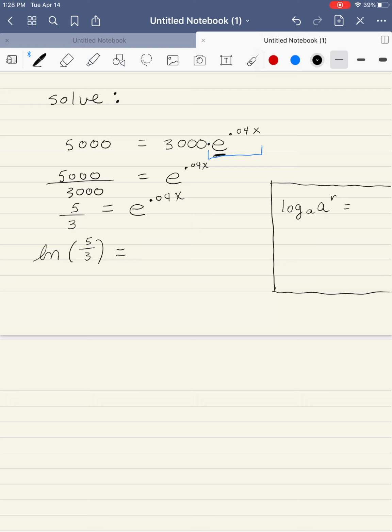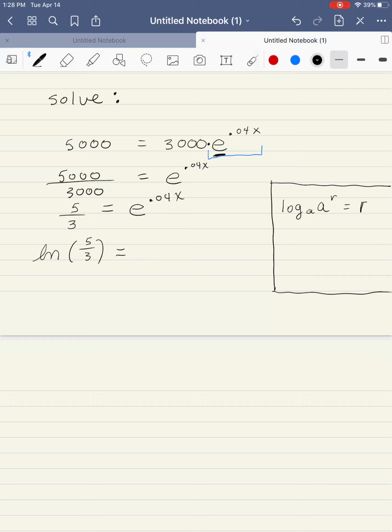If I take the logarithm base a of a to the r power, remember from our principles of logarithms, that really means a to what power equals a to the r power? Well, that's just equal to r. So if my base is the same, then when I take the logarithm, I just get the exponent.